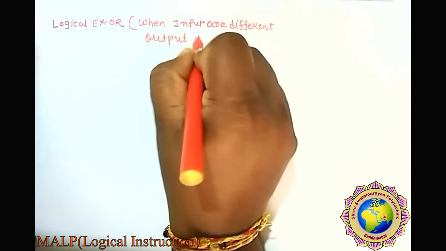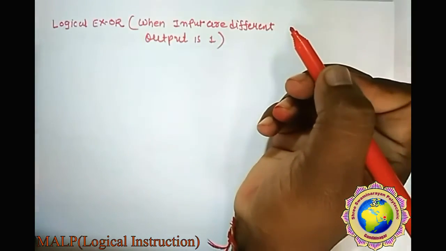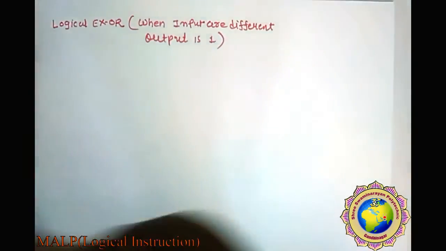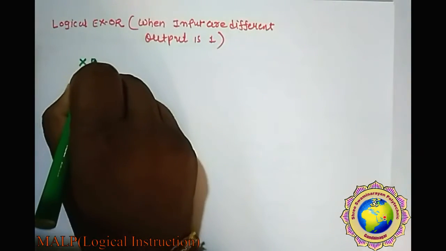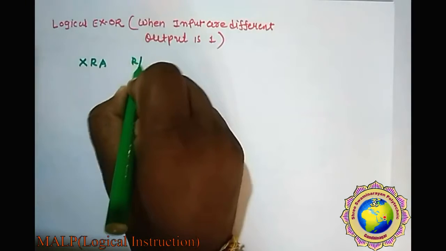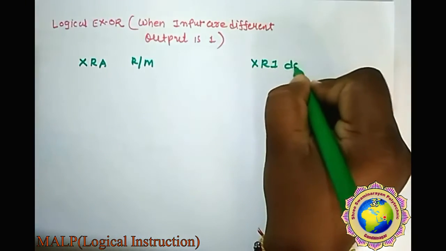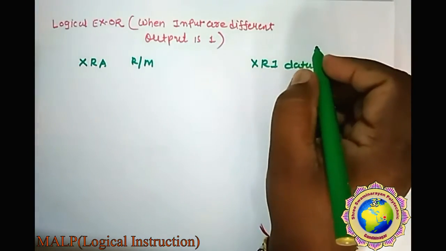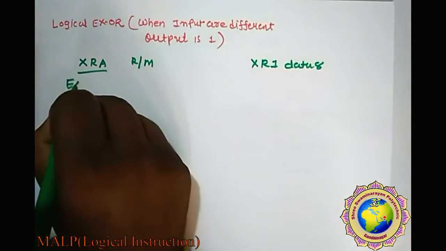What is its mnemonic? Its mnemonics are the same: XRA R, XRA M, and second is XRI 8-bit data.